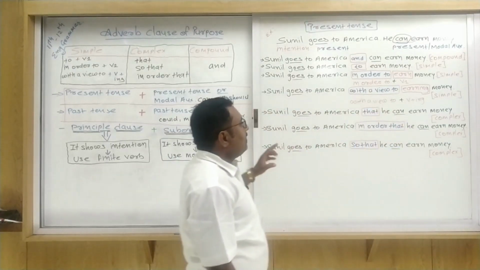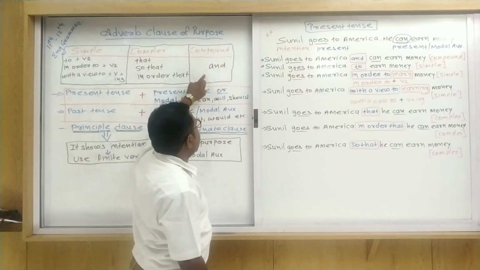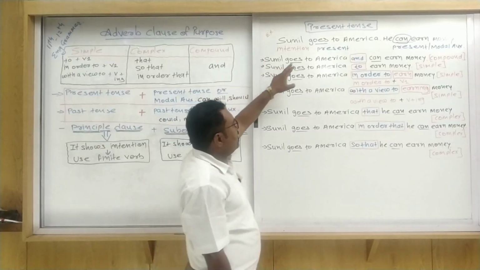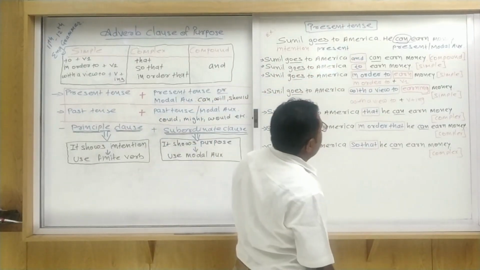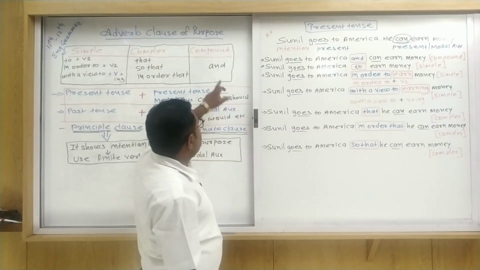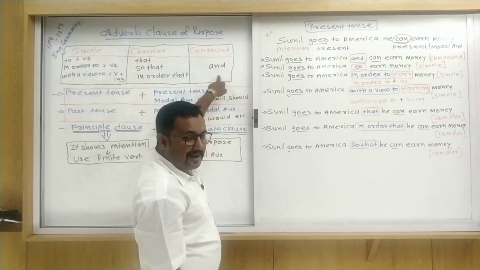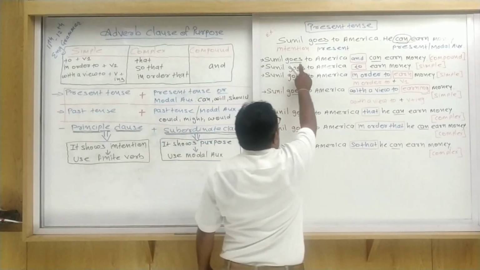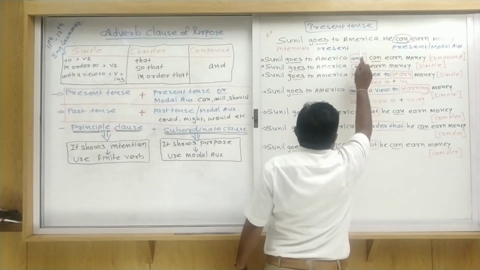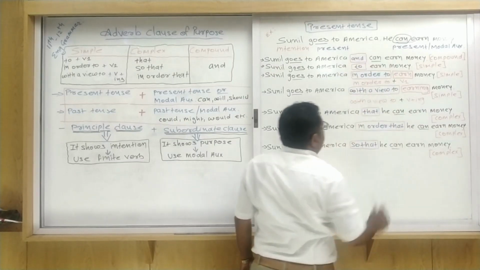So when you are asked to use a compound sentence, it is necessary to remember and. First of all, Sunil goes to America, he can earn money. So first of all, we use a compound sentence. Which conjunction is used in a compound sentence? And.